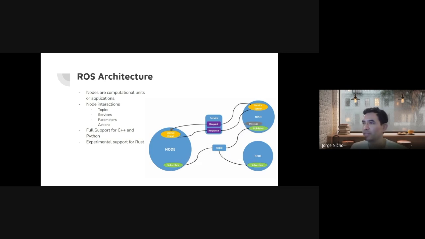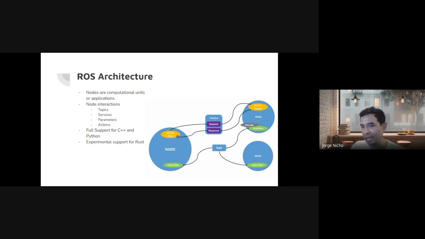Those interactions are facilitated by way of topics, services, parameters, and actions. The more common interaction is that of a topic, right? In that you have a publisher subscriber model. So let's say I'm a camera driver ROS node and I'm publishing images that I capture with the camera hardware.